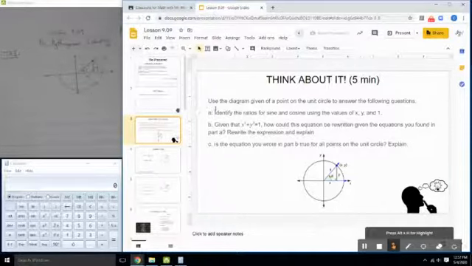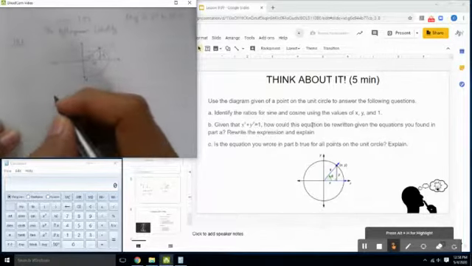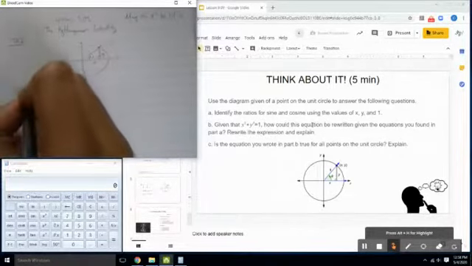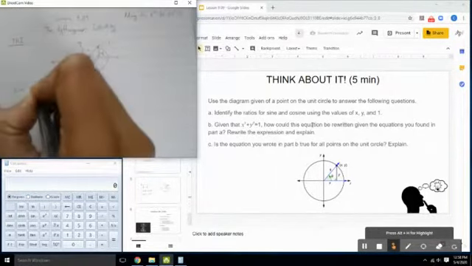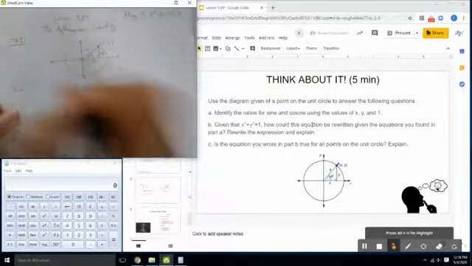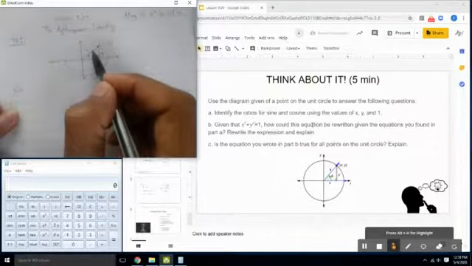Okay, so it says use a diagram given at a point on the unit circle to answer the following questions. Here's the diagram. It says identify the ratios for sine and cosine using the values x, y, and 1. If you remember from before, sine of theta is given by the opposite over the hypotenuse.